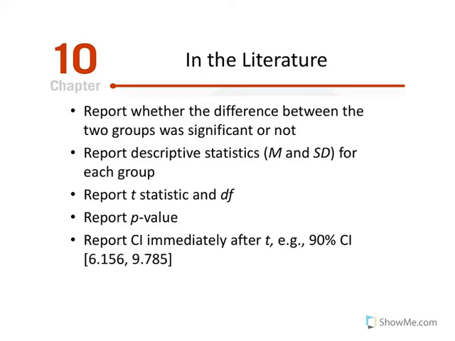And we'll conclude with what all of this would look like in the literature in a report. So we would report whether the difference between the two groups was significant or not. We're going to report descriptive statistics, such as the mean and standard deviation for each group, report the T statistic and degrees of freedom, include a probability statement, and then include our supporting statistics such as confidence interval or estimated D or R squared.